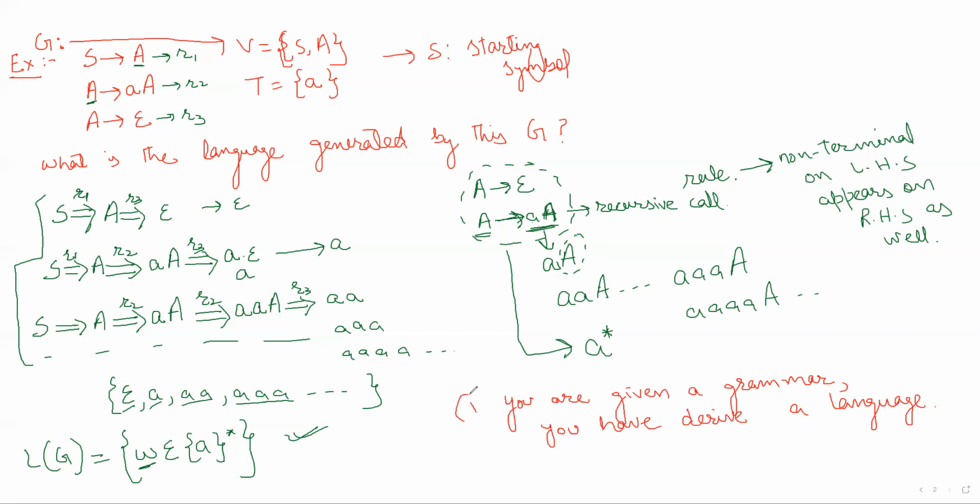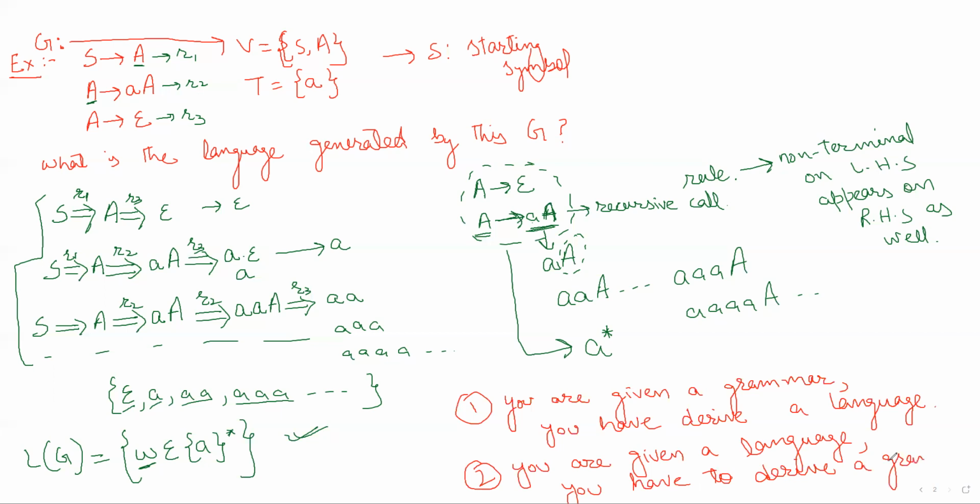The other scenario is that you are given a language, and you have to derive a context free grammar. This one is relatively easy, and this one is a little bit complex. So let's discuss one example for the second scenario.